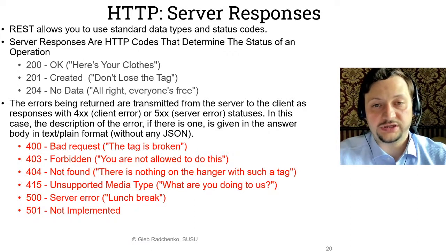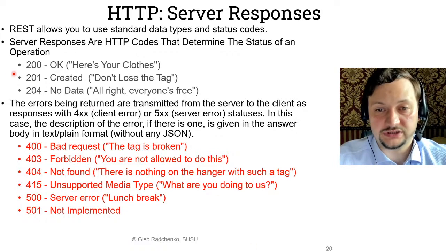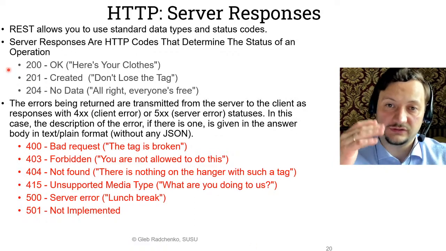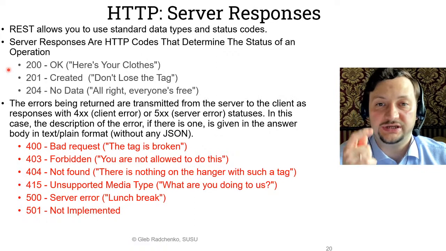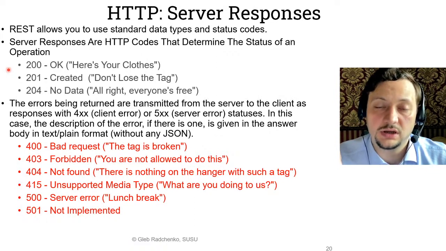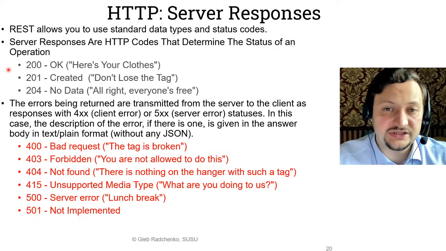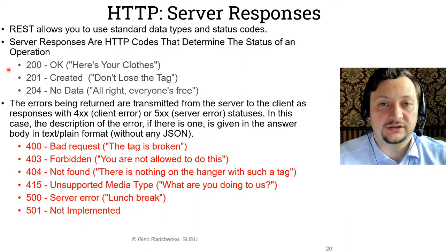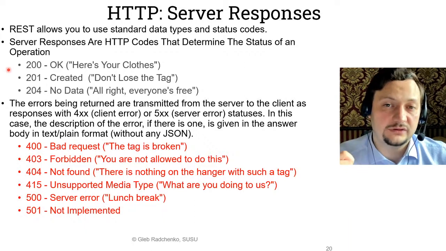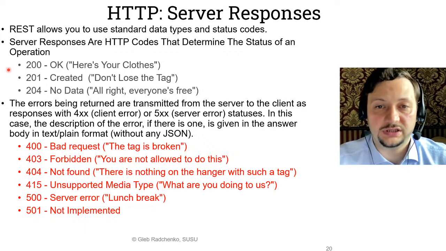If we send some GET request, as you saw in the demo that I showed you, and the server processed this request and sent me back the content of the web page I requested, in the beginning, it would send me the response 200 OK.